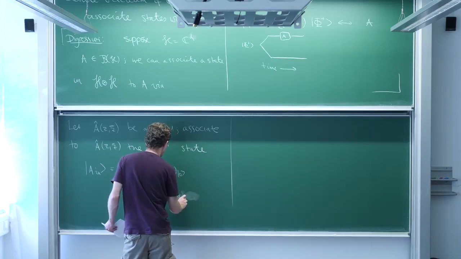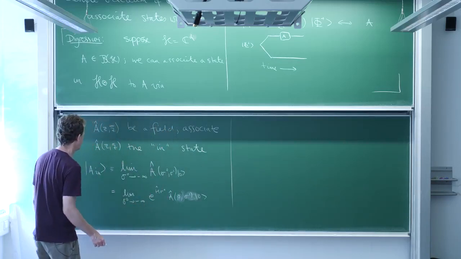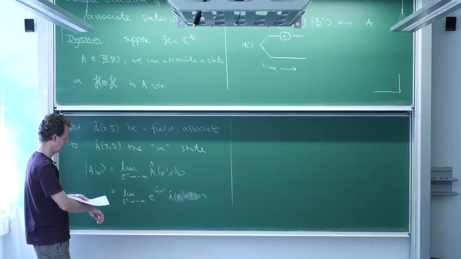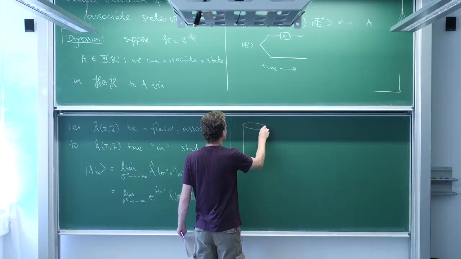Sigma 0, sigma 1, say. And these sigma coordinates, that's the cylinder coordinates, and I guess I'll just draw a picture to remind you of this coordinate system.